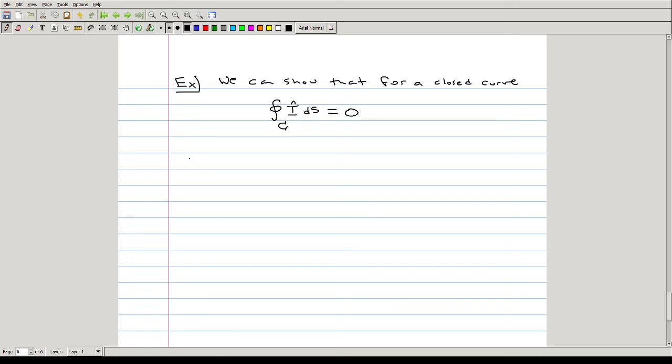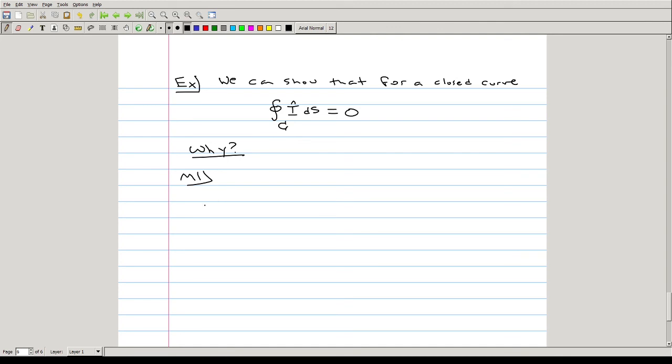So why is this? Well, we have two different ways of showing this. And I'll verify this in both ways, so you can see how to do it in both ways.